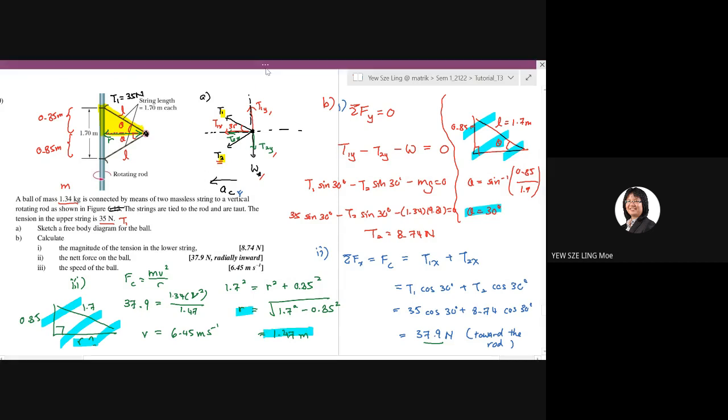If you know how to find angles and also radius, then you should be able to solve these questions. This question is a bit long. I give you 5 minutes to write it down, including the free body diagrams and the two triangles, one for question B1, another one for question B3. After 5 minutes, we will discuss the last question, the last question for today's session.